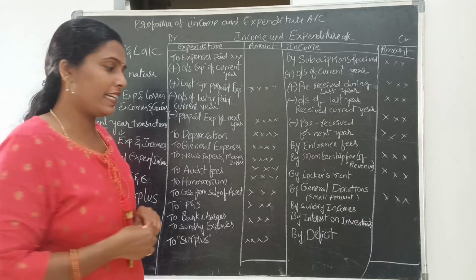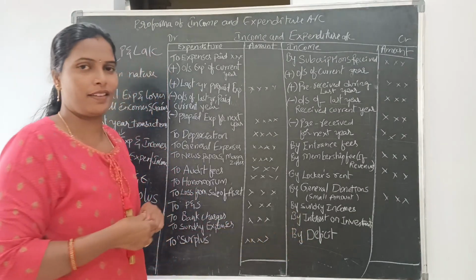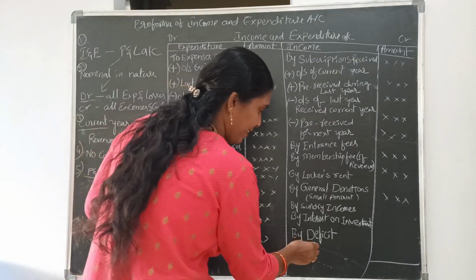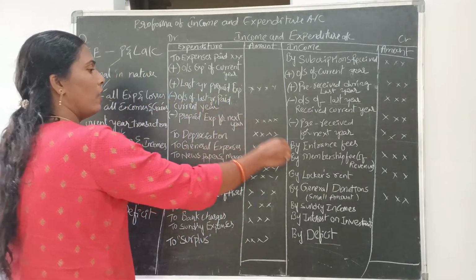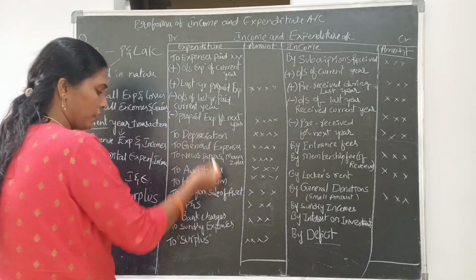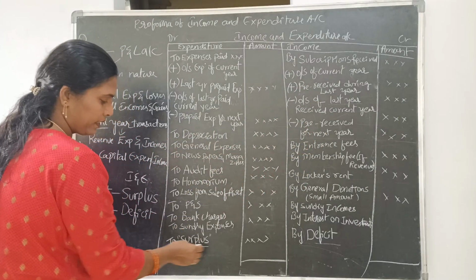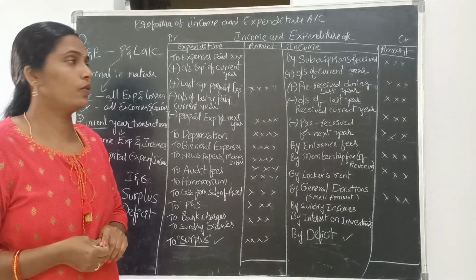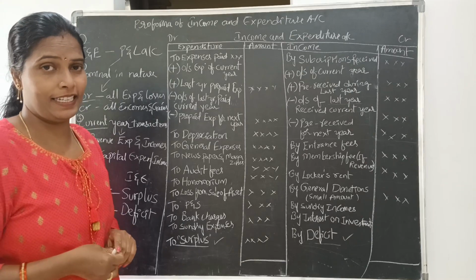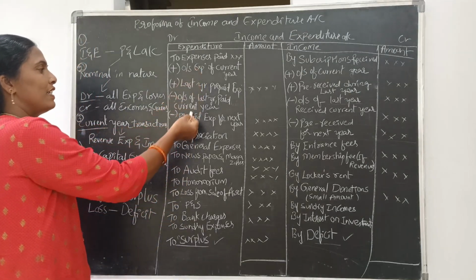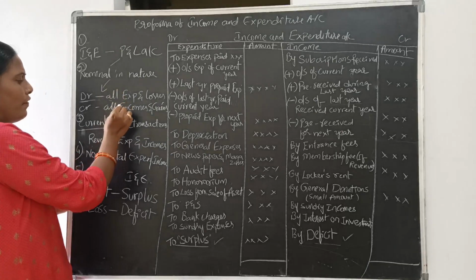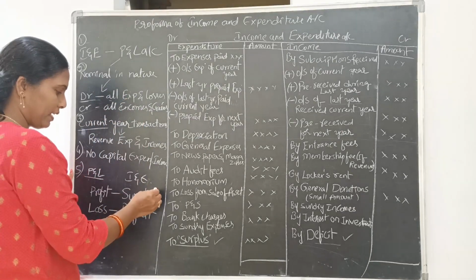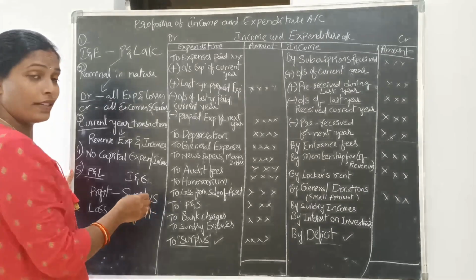In our profit and loss account we call it a loss, but this is an NPO, a not-for-profit organization, so we use the word deficit. When income is more than the expenditure, we get a surplus. So while preparing the income and expenditure account, remember these adjustments, and these three points are very important. You need to remember the words surplus and deficit.